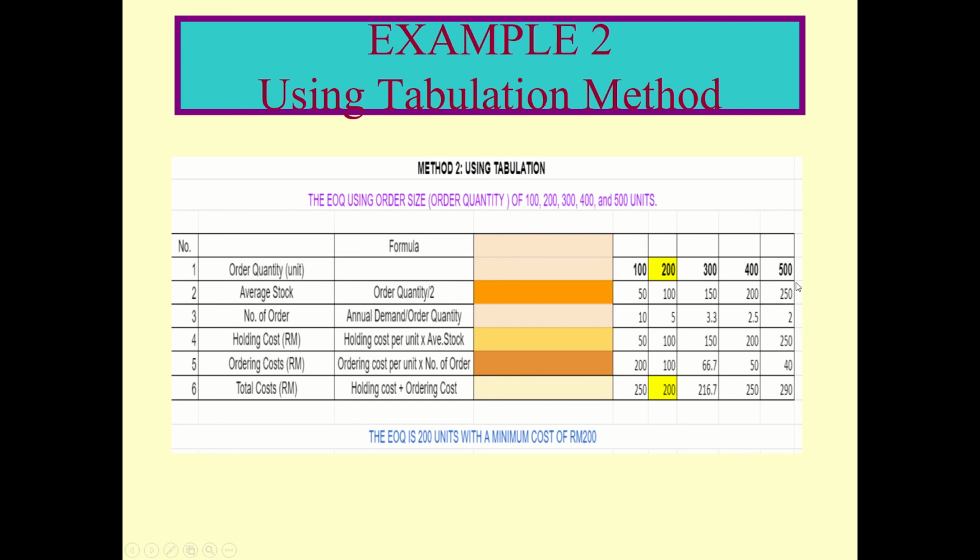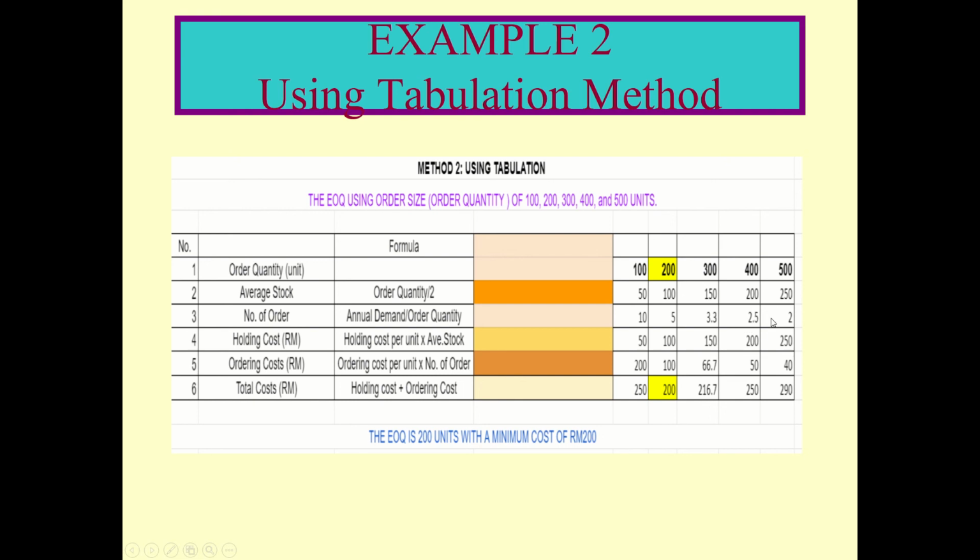So you will get 3.333. Okay. And then for the next one, 400 unit, the number of order is equal to annual demand, which is at 1,000. You divide it with the order quantity 400, which is the answer is 2.5.